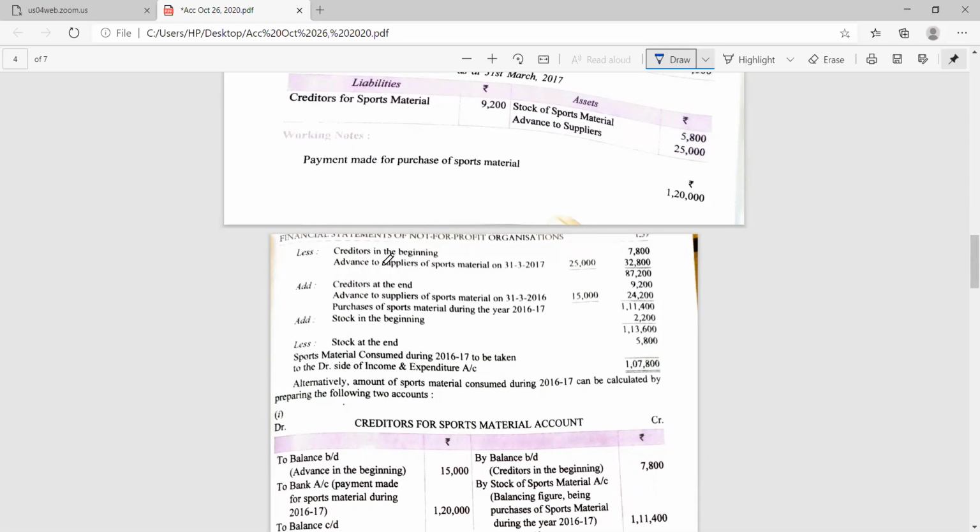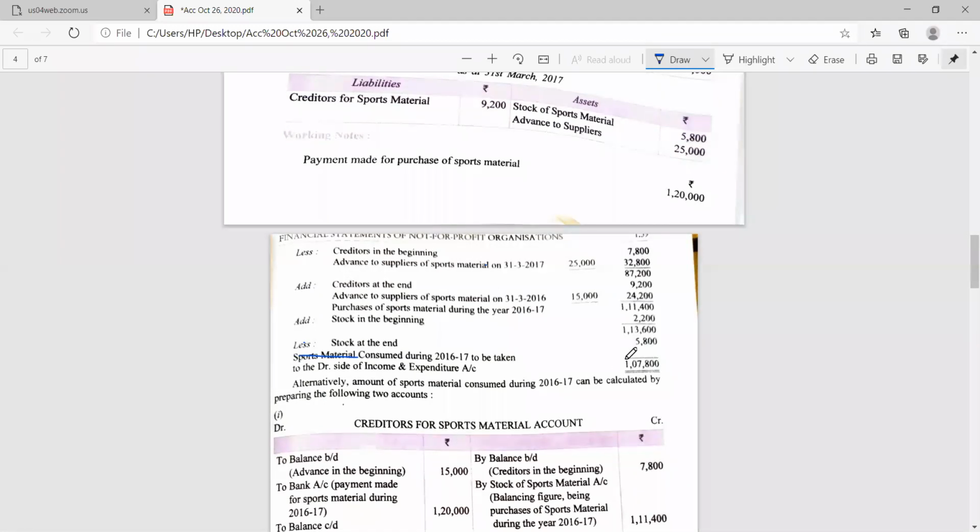Along with that, whatever advance is given, the advance to the supplier at the end and advance to the supplier in the beginning, that is also to be treated over here. In this way, we will get the net value of the sports material consumed during the year.